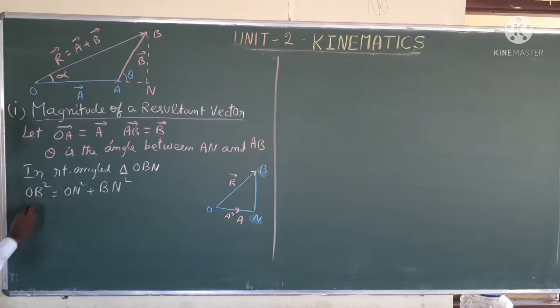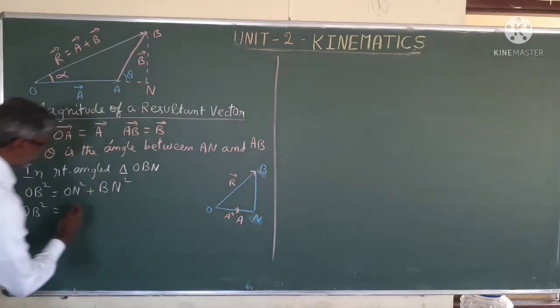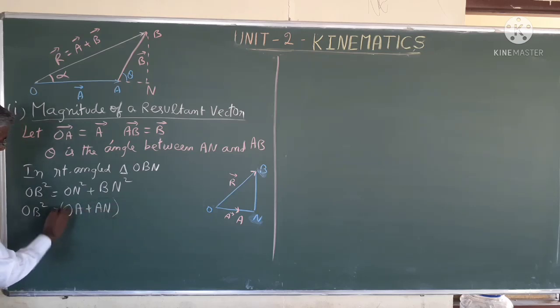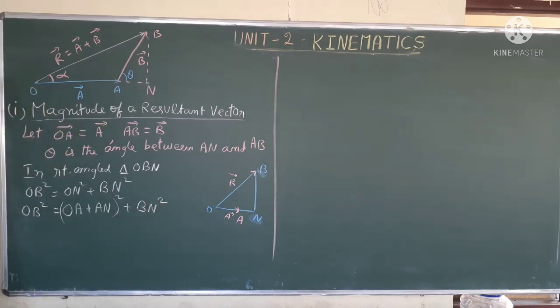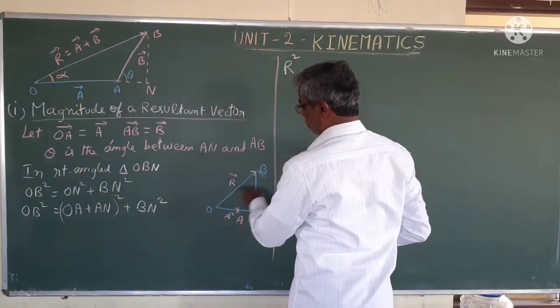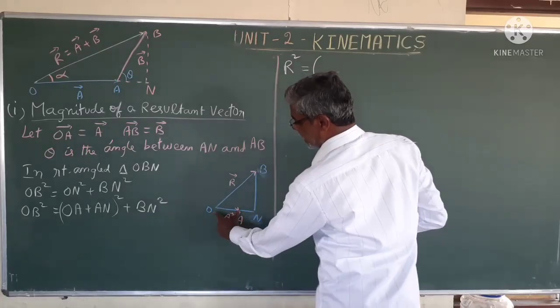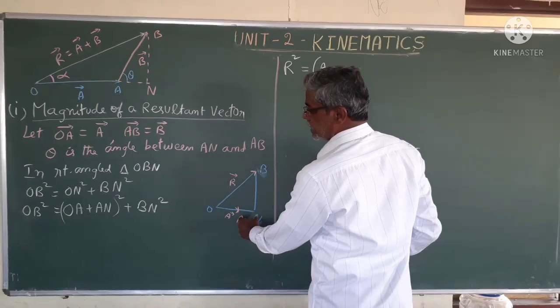So OB square equal to ON, I can write it as OA plus AN, the whole square, plus BN square. So OB square is nothing but R square. That is equal to OA, it is A, plus AN.